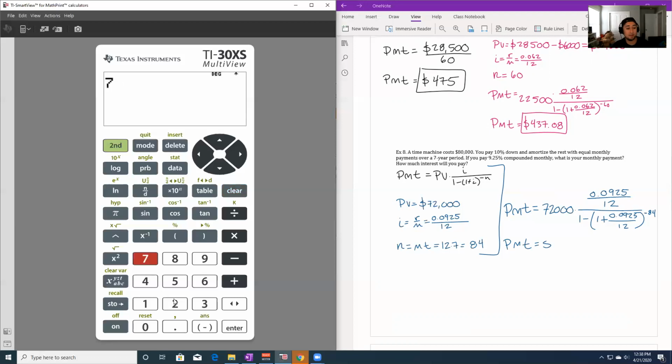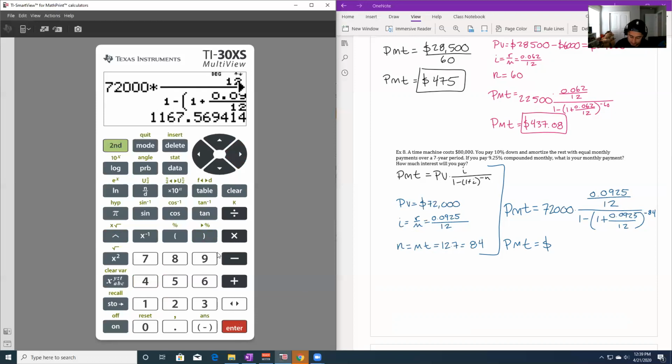Okay, so 72,000 times fraction 0.0925 over 12 over 1 minus parentheses 1 plus fraction 0.0925 over 12, parentheses, raise it negative 84. All right. And our monthly payments for this time machine will be 1167 and 57 cents.